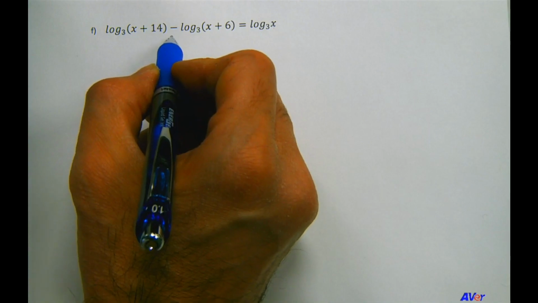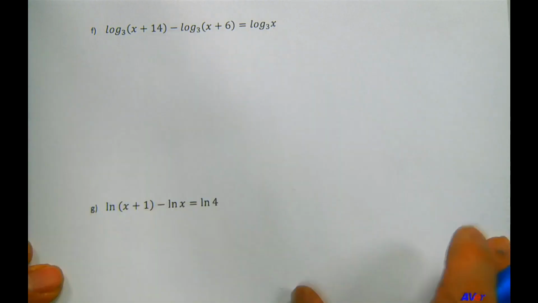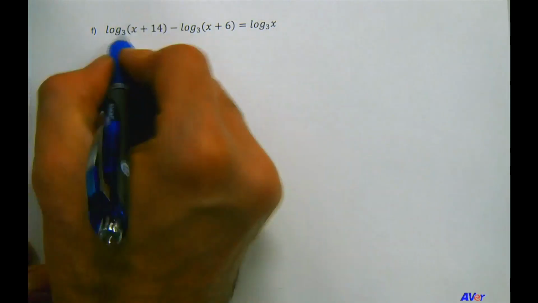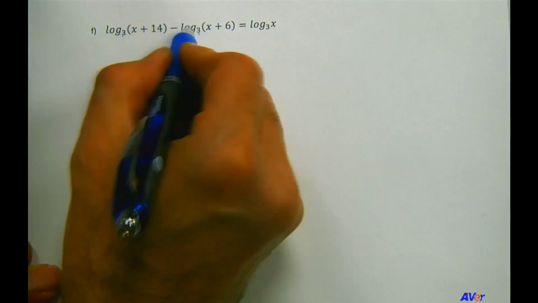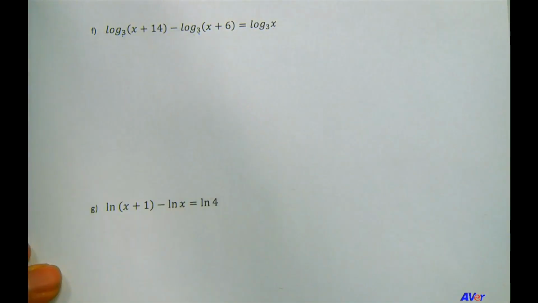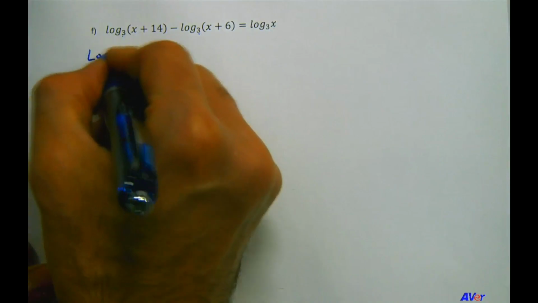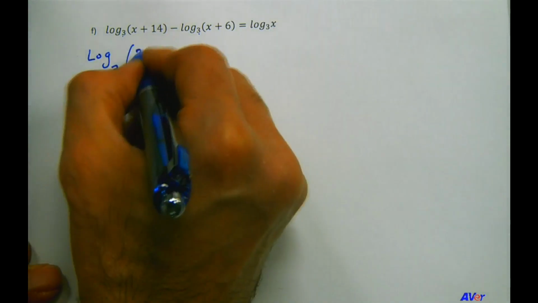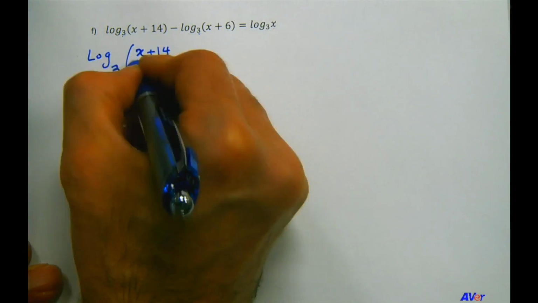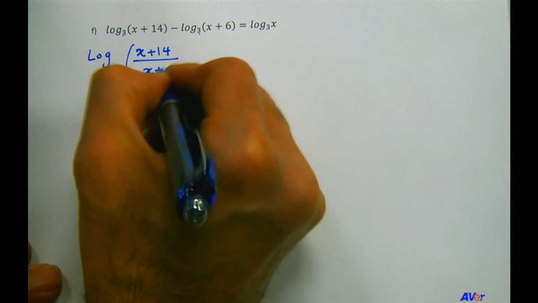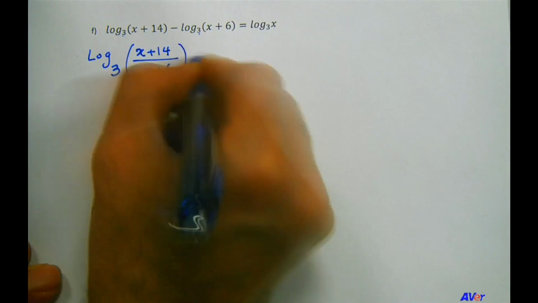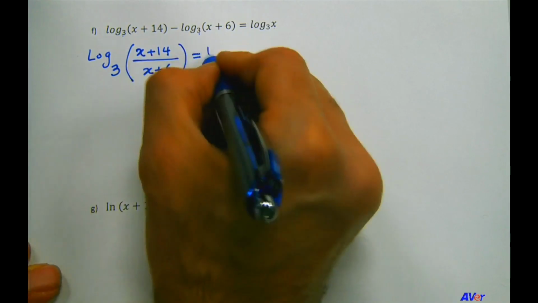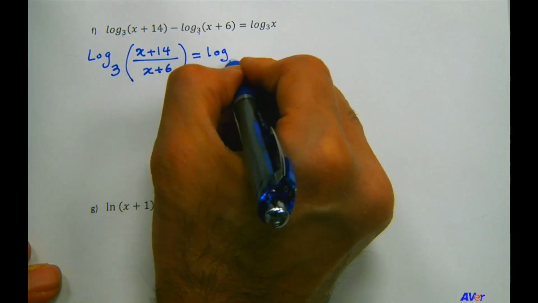Remember that. The logarithmic properties are only applicable if we have equal bases for the log expressions. So, changing the subtraction to division, we have log base 3 of (x plus 14) divided by (x plus 6). On the other side, we have log base 3 of x.